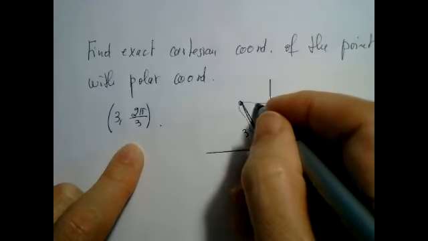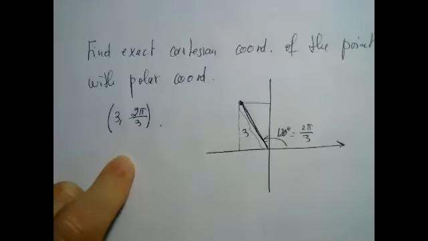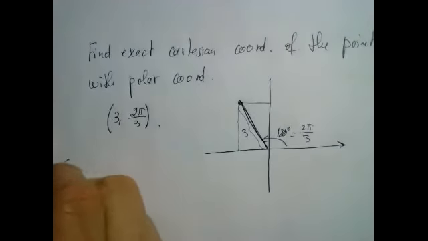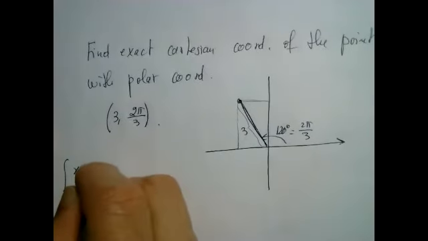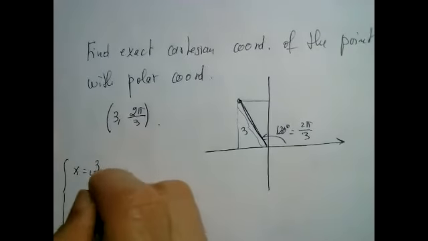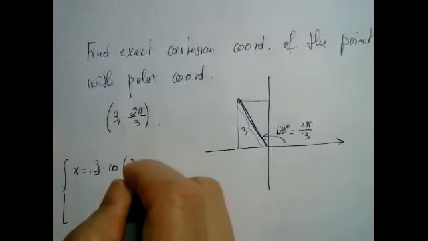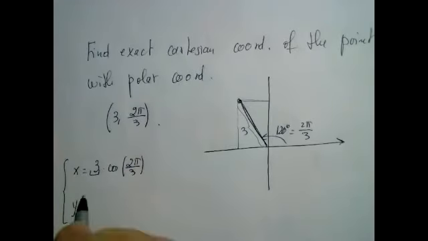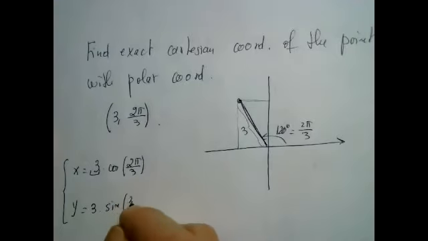We need to find the x and the y. The formulas hold regardless which quadrant I am in. So my x is always 3, that's the r, cosine 2 pi over 3. And my y is always 3 sine 2 pi over 3.